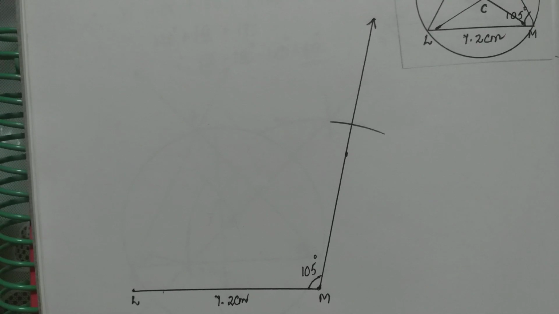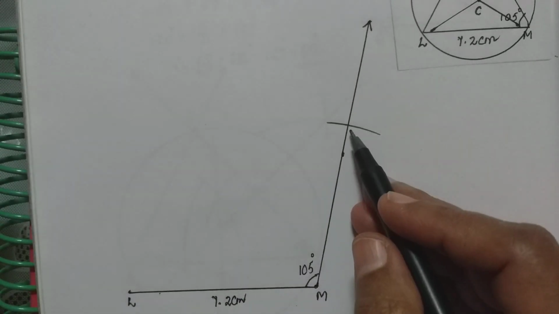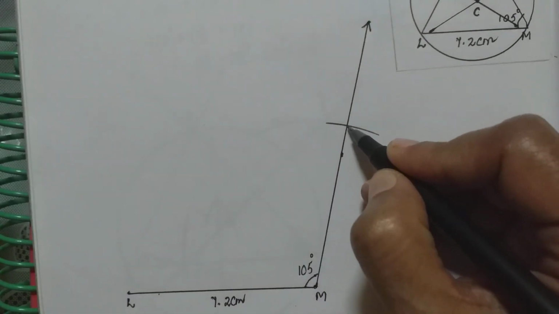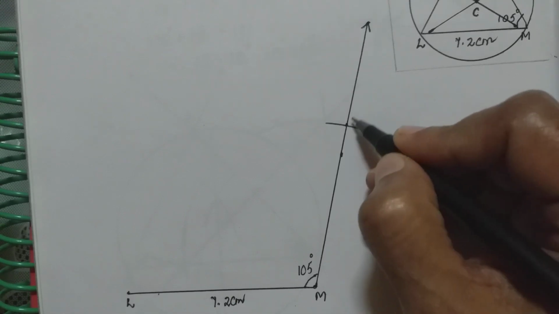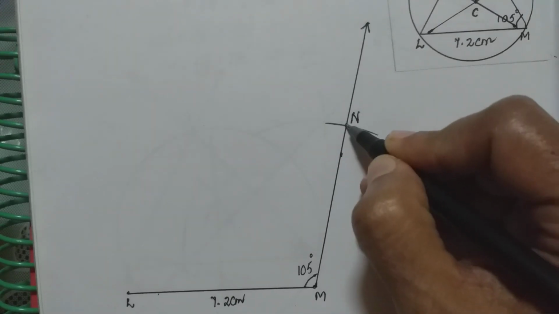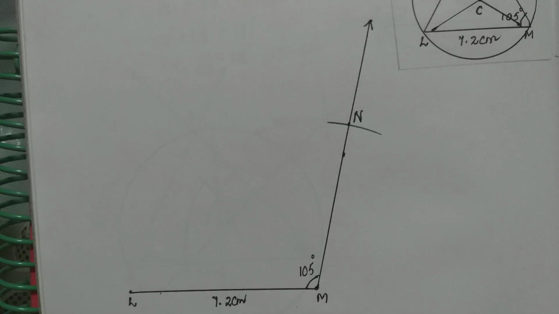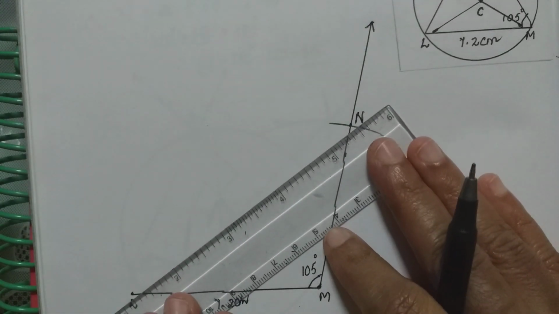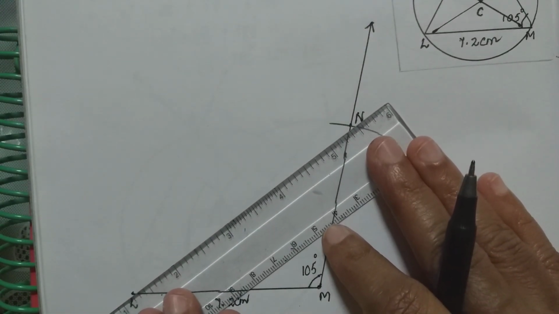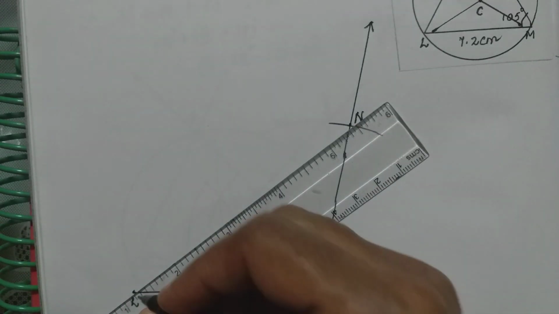So that point where the arc cuts the ray, that will be my third vertex, that is N. And I will join now LN. So the triangle LMN will be completed.